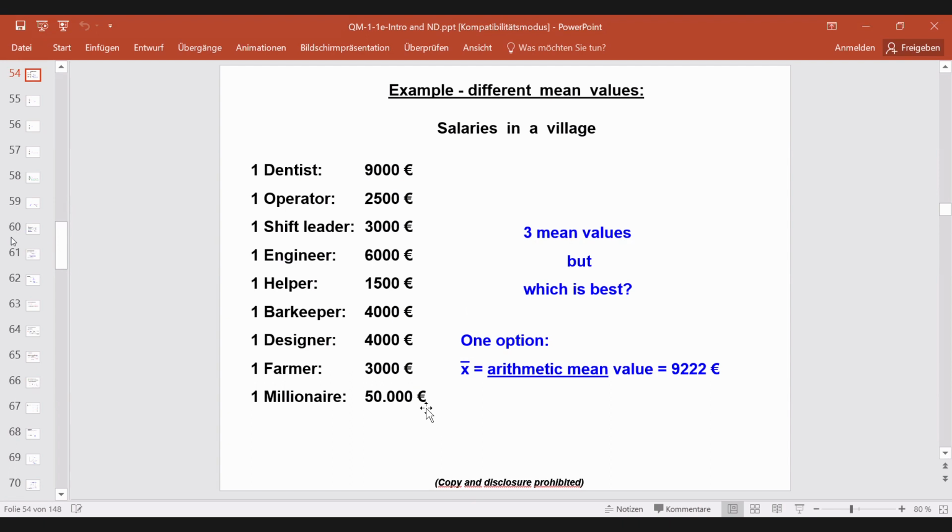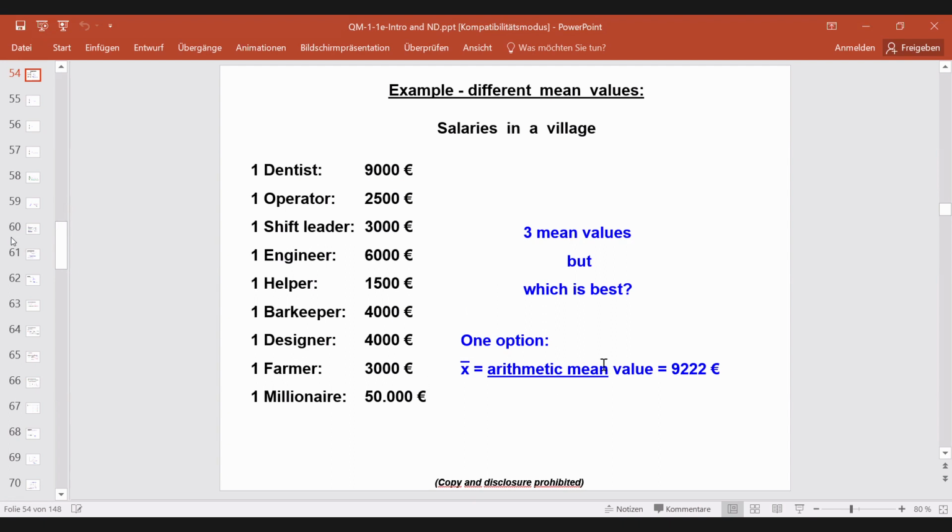So the question here is, in this example, which mean would be the best? There are three options. At first, we can calculate the arithmetic mean. In this example, the arithmetic mean would be 9,222 euro. But as you see, all the people don't have such money. It's so much money here. The problem is this millionaire.